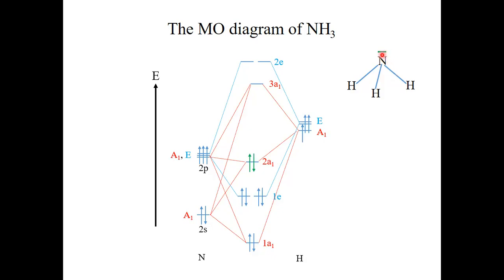So lastly, we have here this electron lone pair at N, which doesn't participate in the bonding, so it appears as non-bonding electron. Can we see this in the molecular orbital diagram too? The answer is yes, because this 2A1 we said before is an approximately non-bonding molecular orbital.